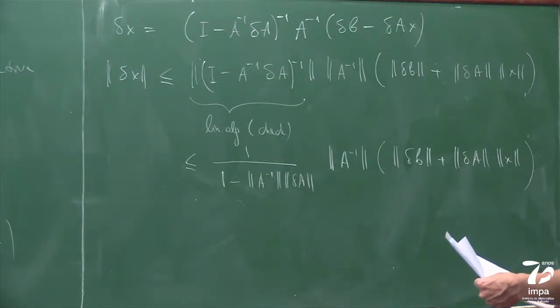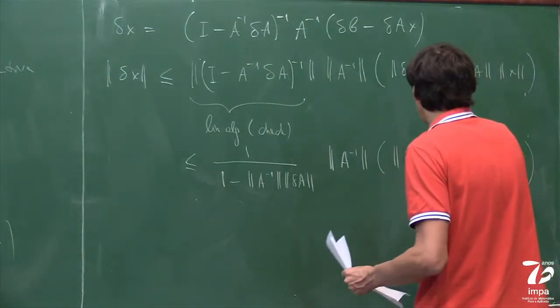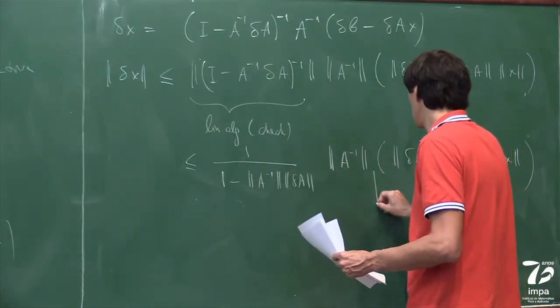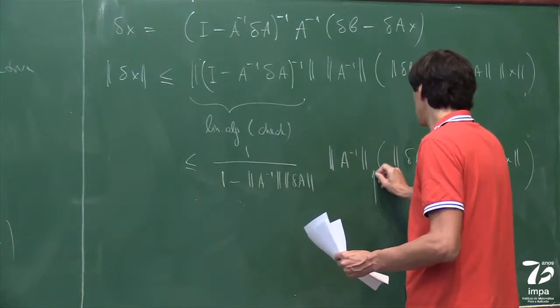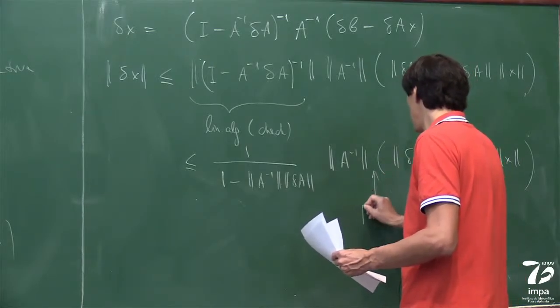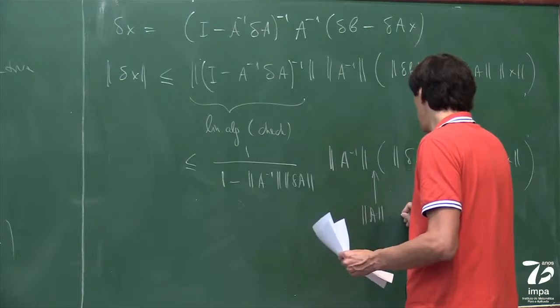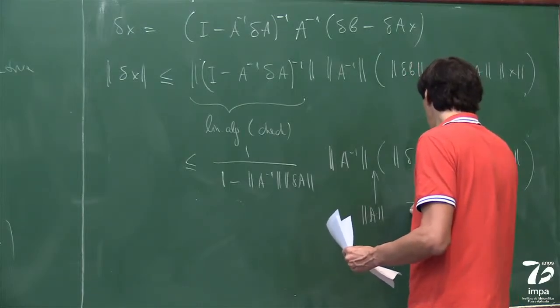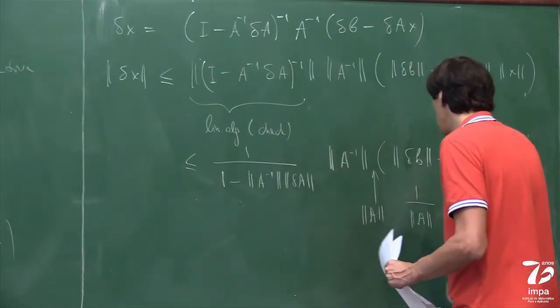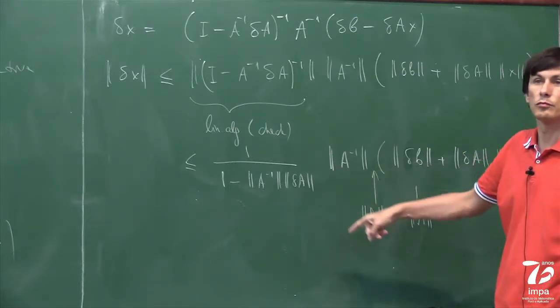So now what we do, we multiply it here by norm of A, and here we divide by norm of A, right? So this will be the condition number.